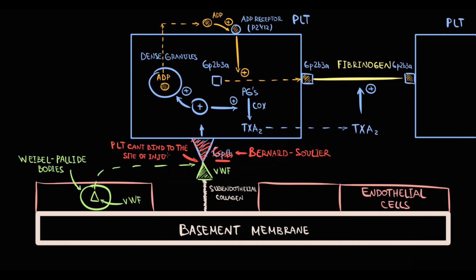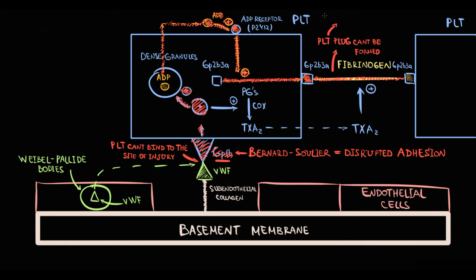So adhesion becomes impossible. Without platelet adhesion, platelets cannot be activated. Without activation, they cannot release ADP into the circulation, and thereby they cannot force transportation of the GP2B3A receptor onto the platelet surface. So fibrinogen cannot bind to platelets. As a result, the platelet plug cannot be formed.